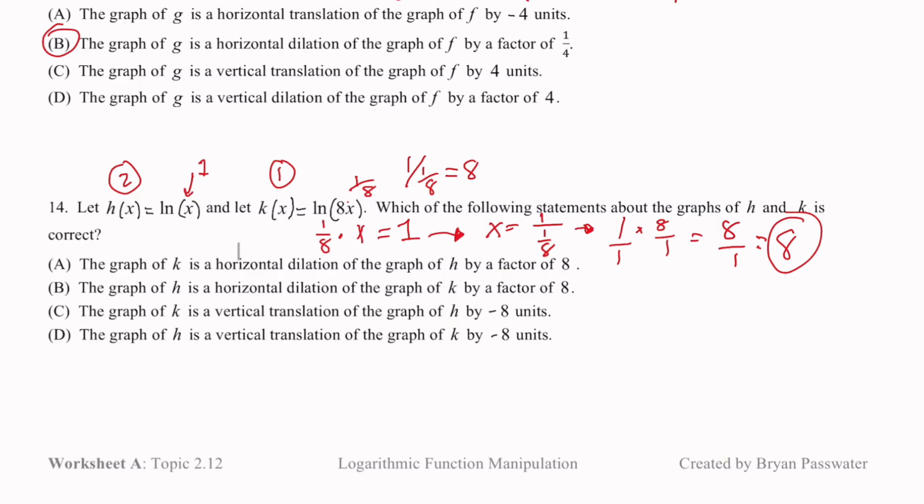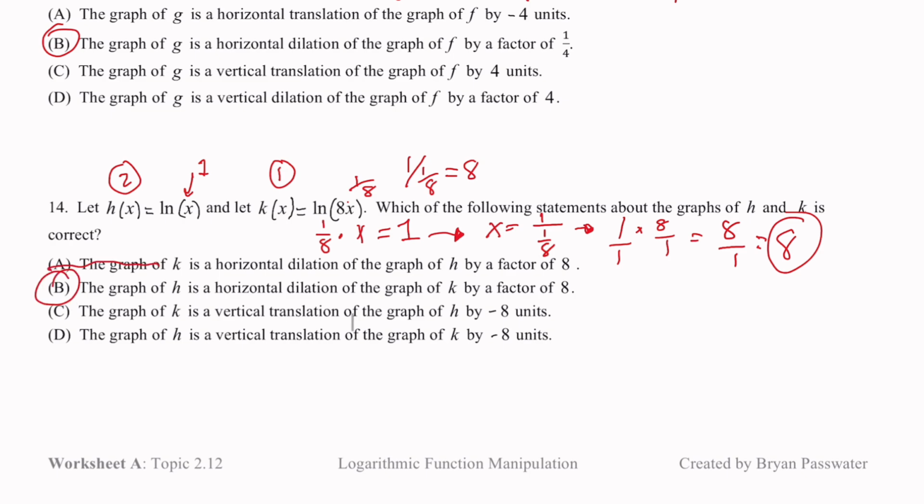The factor is correct, but it's saying that K is the image of H, or K is a copy of H, which is wrong. H is a dilation of K. And B says the graph of H is a horizontal dilation of the graph of K by a factor of 8. That looks correct. So let's cross off A. We're going to circle B for now.